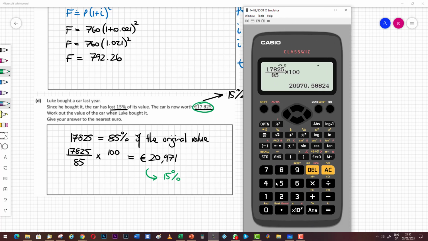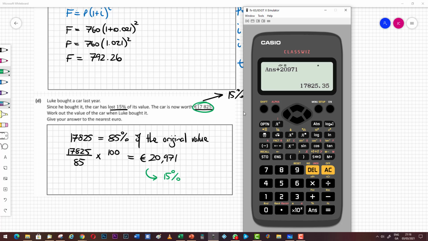So we'll come over here and we have 20,971 times 0.15, which is 3145.65, and I want to take that away from 20,971. So I'm going to do it in a cheeky way. I'm going to times that by -1 to make it a minus, and then I'm going to add that to 20,971, and I get 17,825. So it shows that it works.